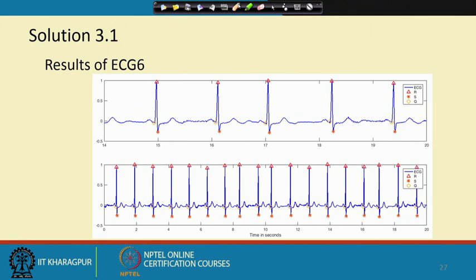We get that it is working fine, we get all the QRS complexes.